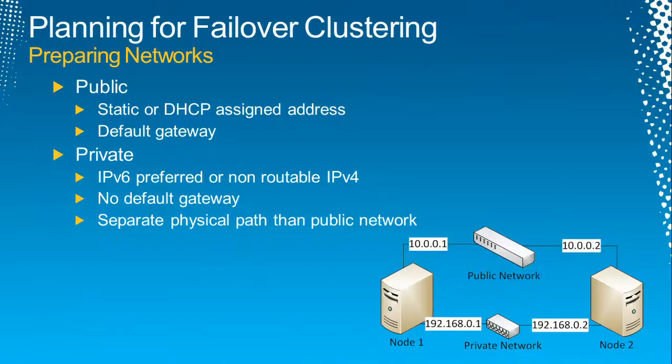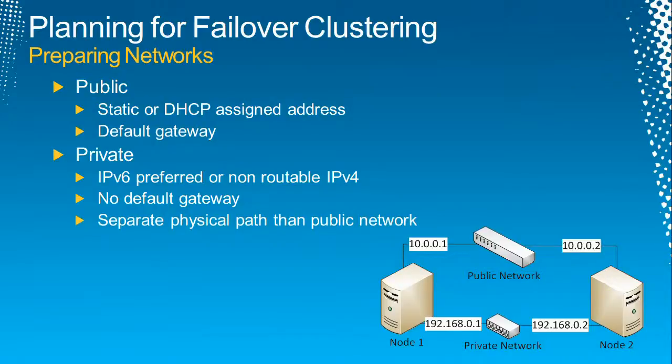There doesn't need to be a reason to put expensive technology into a place where it's not needed. Keeping this part of it as simple as possible is your best route when it comes to keeping that high availability equation. Like I said, you can use either static or DHCP assigned addresses for your public IPs. As long as they have the default gateway configured, the cluster will recognize that as a network that can be used for client traffic.